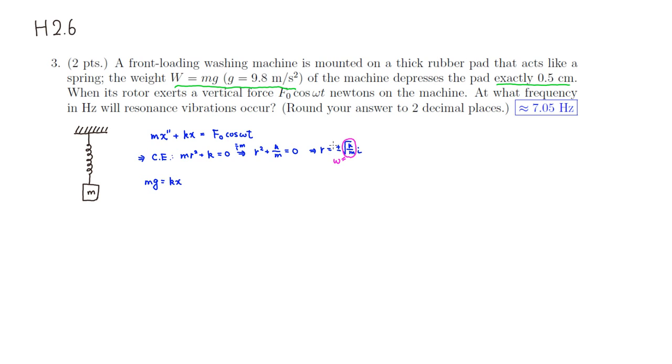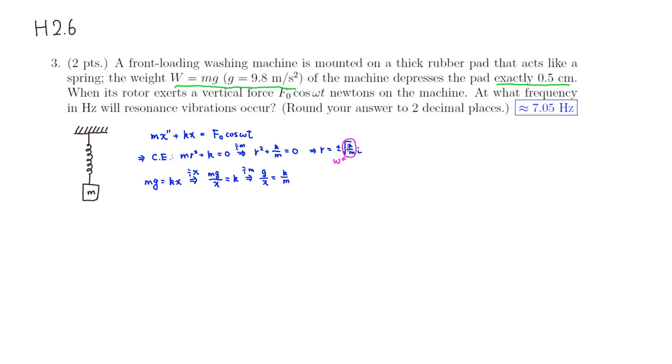Oh, actually, before we do that, we can solve for k over m. I'm going to divide through by x, so that mg over x is equal to k. Then I can divide through by m, so that g over x is equal to k over m.